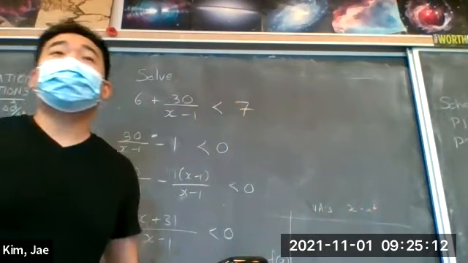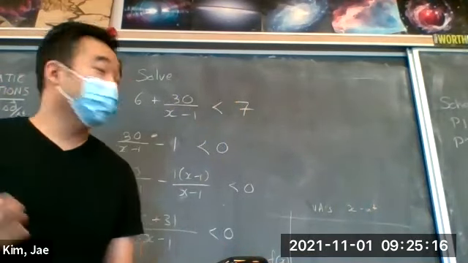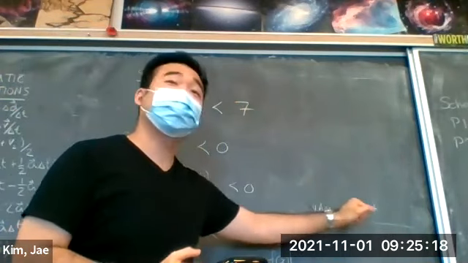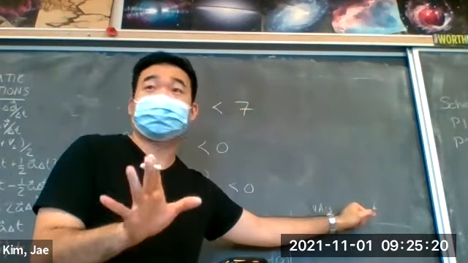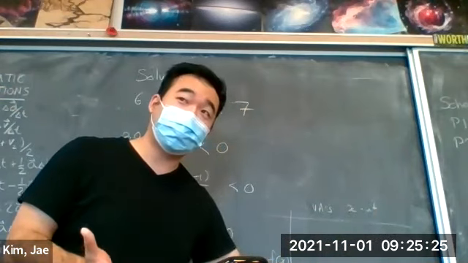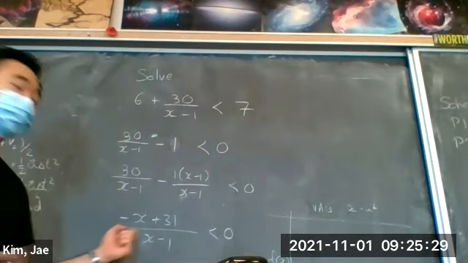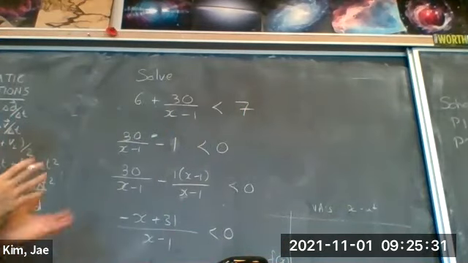So you're going through DIAC not because that's all you know. You're doing this because you're trying to hunt down the vertical asymptote and the x-intercept. That's all I care about. Why? That will tell me when it's positive or negative. And my answer, the negative portion of the answer, is going to answer the original question.